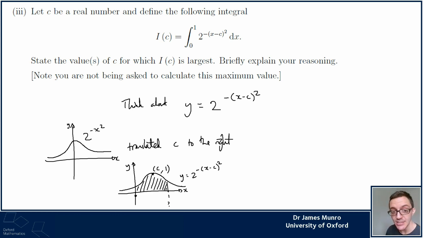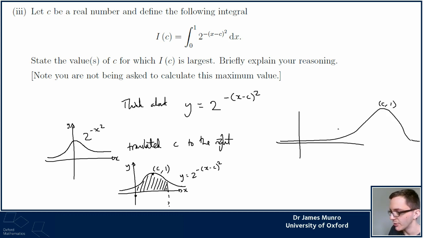Okay, so we want this integral to be, or we want this area to be, nice and large. What should we not do? So we should not make c really big. If we make c really big, then the peak will be over here somewhere, at (c, 1), and we'll be integrating between 0 and 1, and we'll just get the tail of the function, which is not what we want at all.